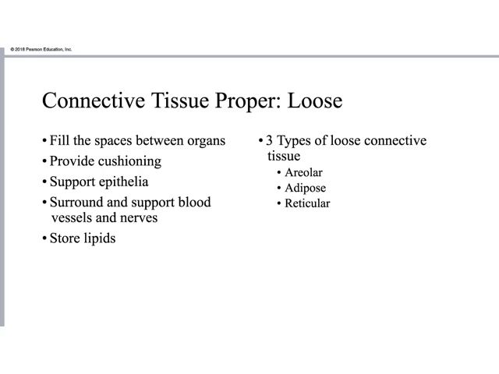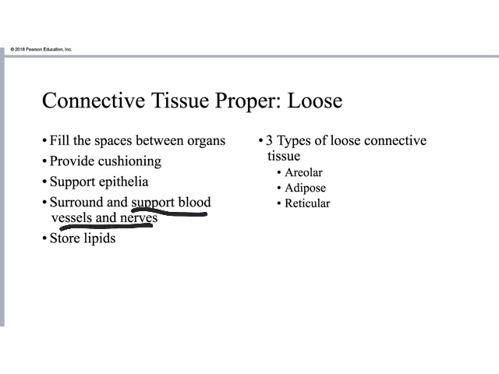So this kind of tissue is really going to fill space between organs so that there's not empty space. It's going to provide some cushioning. It might be underlying support for epithelia, something for the epithelia to attach to. Something that's really important about this type of tissue is that it becomes support for blood vessels and nerves.